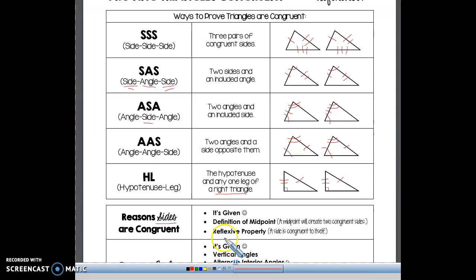Another thing that makes sides of a triangle congruent is the definition of a midpoint. If you have a midpoint, then that breaks up your side or your line segment into 2 congruent parts. Or the reflexive property. That means that one side is equal to itself, which is where 2 triangles may share a side.